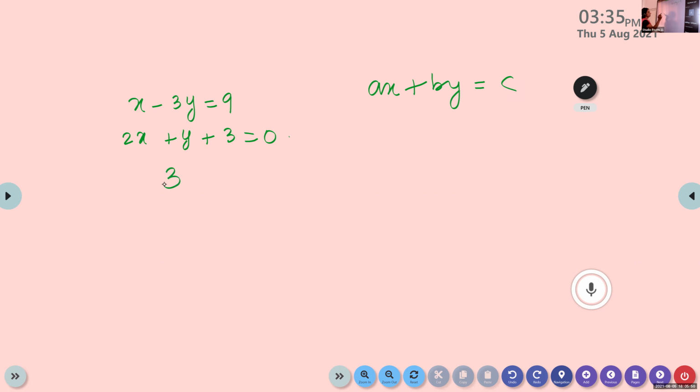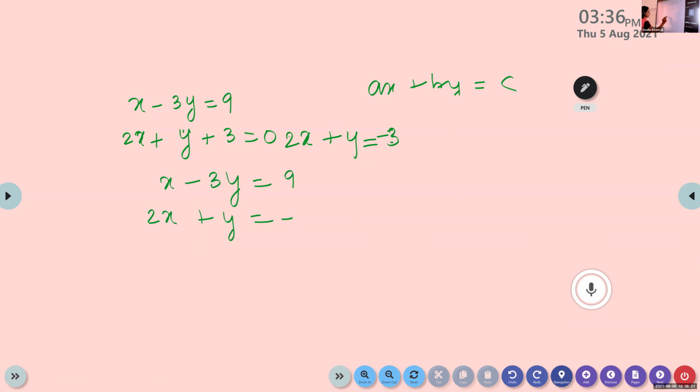We can write the given system of equations as x minus 3y is equal to 9, and 2x plus y is equal to minus 3.